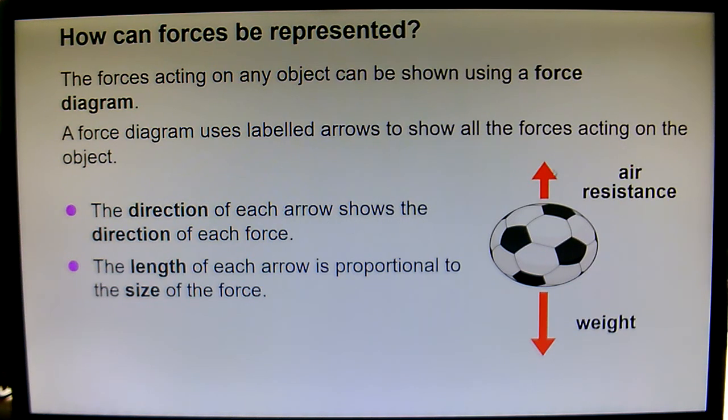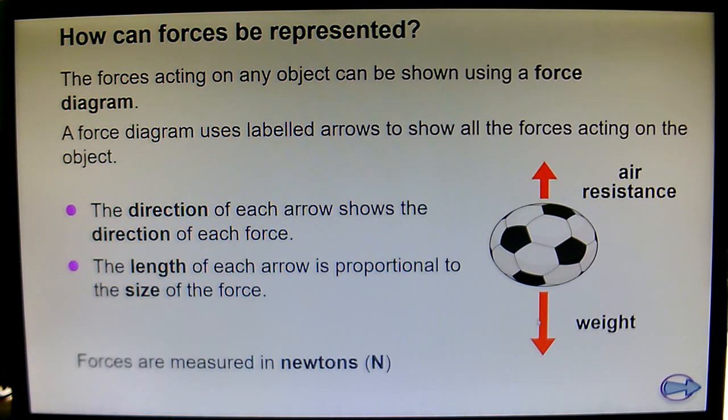I can see the direction of both of those forces, and I can also see that weight, the gravity, is the bigger of the two forces, because that arrow is longer. So in this case, the ball has been kicked, but now it is starting to fall again. This ball would be falling because the weight arrow is bigger. And all forces are measured in newtons.